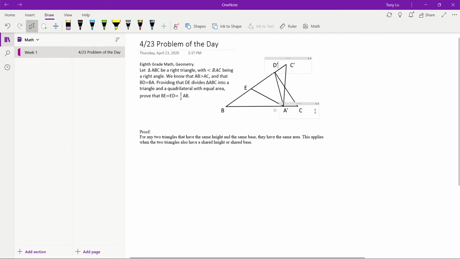As you can see, we've changed this triangle so it has the same area, since we've defined that C'D' will be equal to the original CD, and they have the shared height in A and D. So over here, we can see now it's way more obvious that because we have one large triangle that is divided into two separate triangles by the line DE or A'E, it should be way easier to prove what we're talking about right now. So you can think about how this works, because I'll put down what we did.